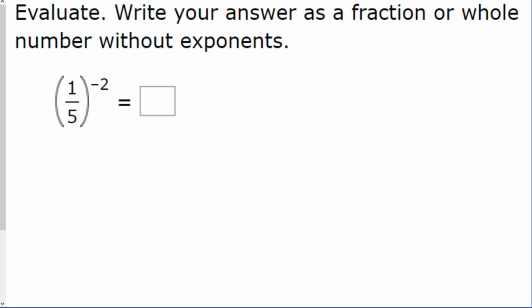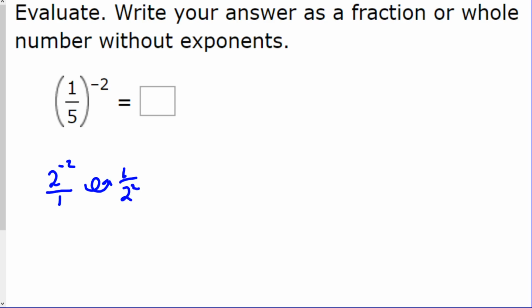All right, so what if you're given a fraction with a negative exponent? We haven't done one like this before, but remember in the last one, I didn't say this during the lesson for negative exponents, but think of it as if you have 2 to the negative 2, it's really the same as 2 to the negative 2 over 1, and you're flipping that over to become 1 over 2 squared like that.